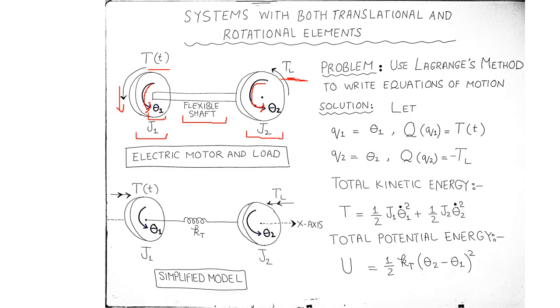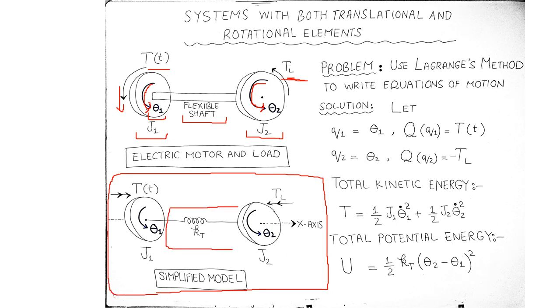In its simplified model, the electric motor and the load system remain essentially the same. So this bottom diagram is essentially the same as shown in the top diagram, except that the shaft has been replaced by a torsion spring with the spring constant KT.